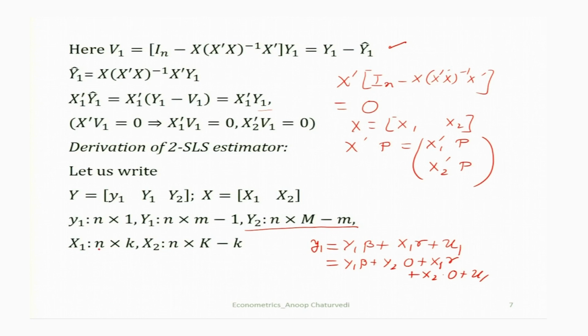Further, x 1 is of order n cross small k and x 2 is of order n cross capital K minus small k. Again, capital X 2 is the matrix of observations on the predetermined variables not included in this particular equation. So, we write capital Y and capital X in this form.